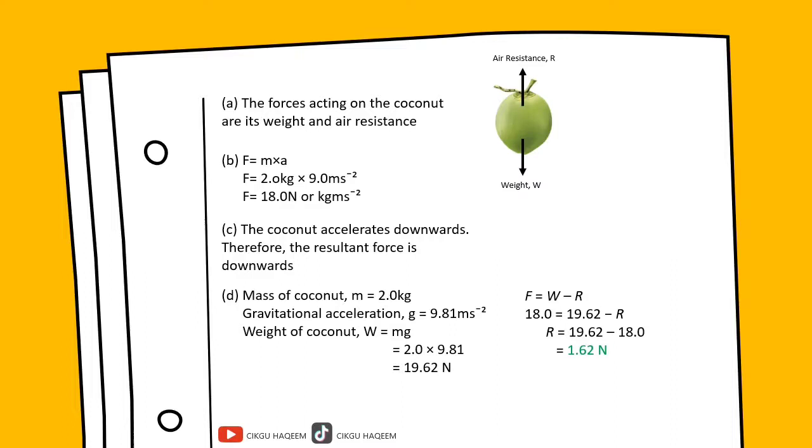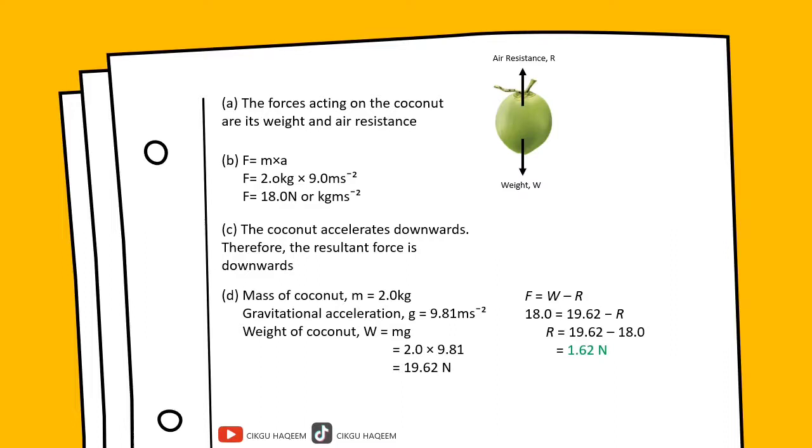So to find the resultant force, we use F equals ma. Substitute the mass 2.0 kg times the acceleration 9.0 meter per second squared. We get 18 Newton for the resultant force of the coconut.